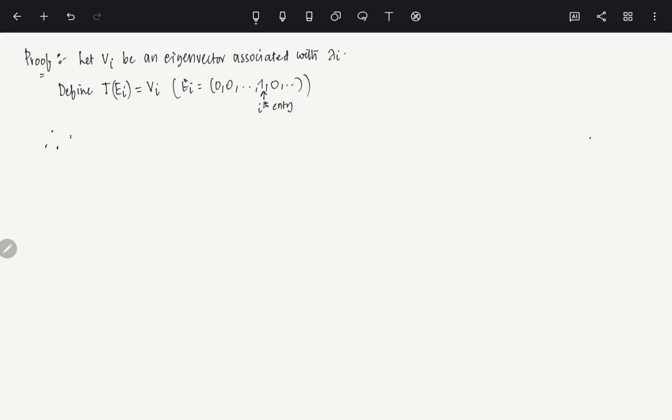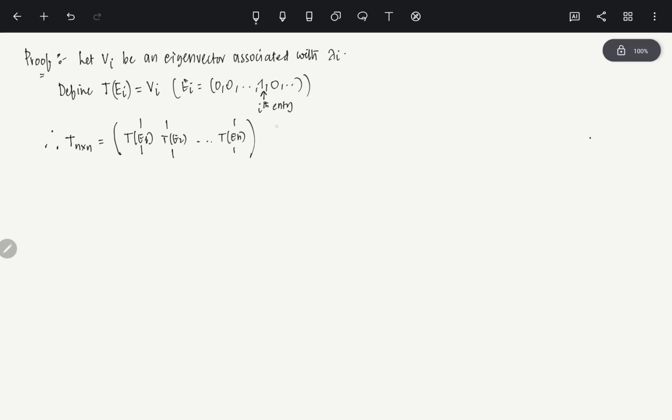Therefore the matrix T, if you want to write it as an n cross n matrix, is nothing but T of E1, T of E2, T of En. That is what the matrix T is. If the linear transformation is given like this, what is the corresponding matrix? It is of course this.